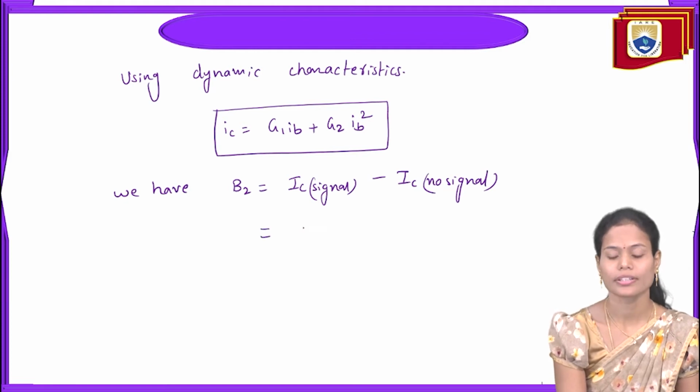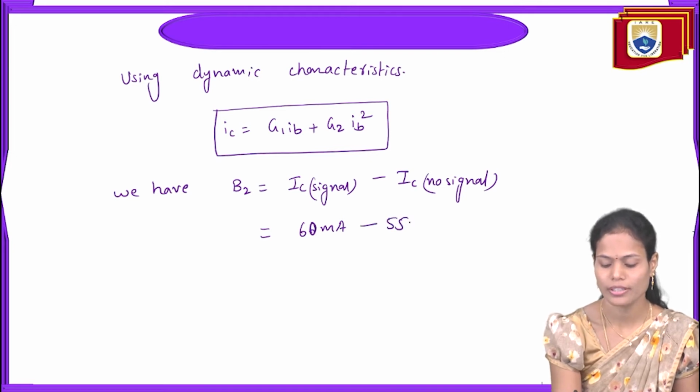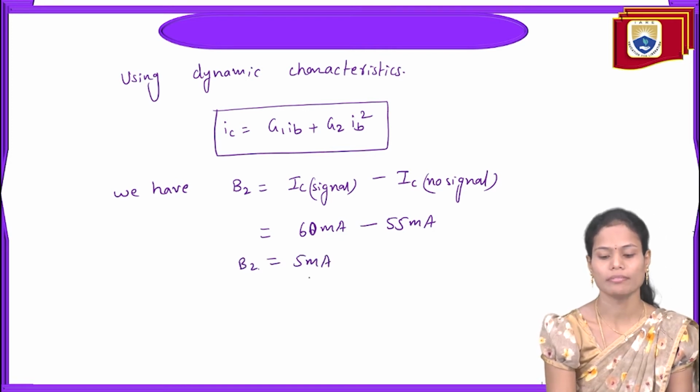The collector current with signal is 60 milliamps and this one is 55 milliamps. So 5 milliamps is the value of B2.